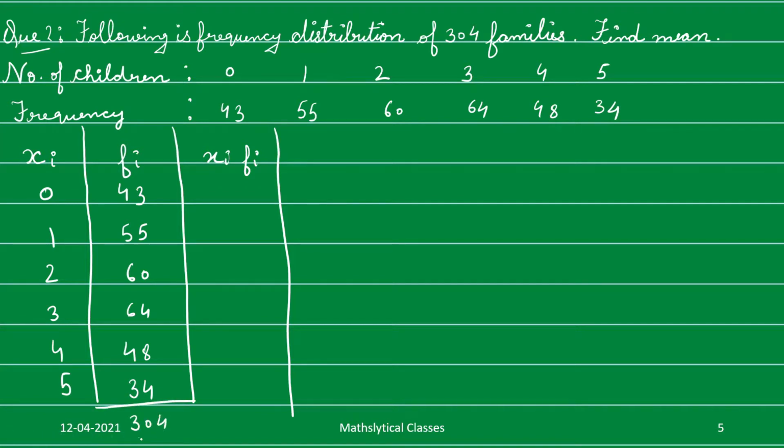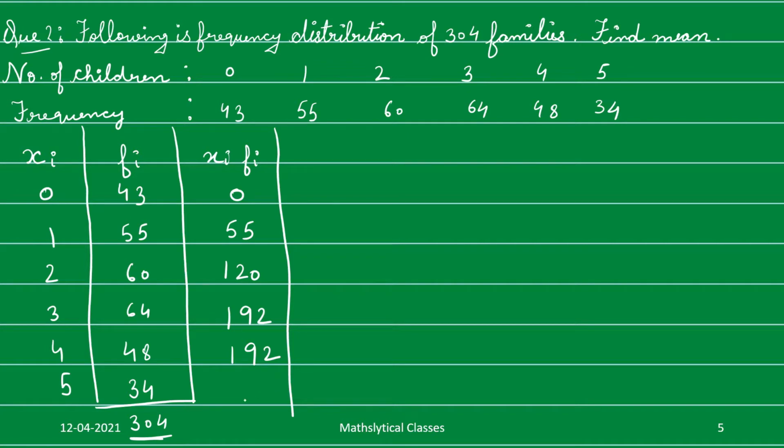Now here we will multiply the corresponding xi and fi. So this is 0, this is 55, this is 120, this is 3 multiplied by 64, which is 192. This is 48 multiplied by 4, which is again 192, and then 34 multiplied by 5.